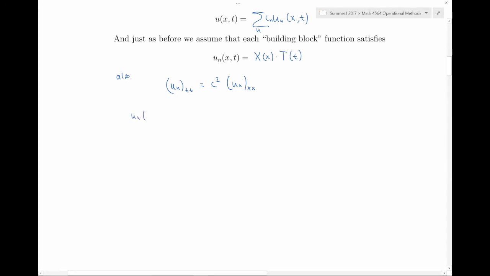So either u_n at 0,t equals 0 at both ends, or u_n at x equals 0 is 0 but the derivative at the other end is equal to 0, or it's fixed at the 0 end and free floating at the opposite end.